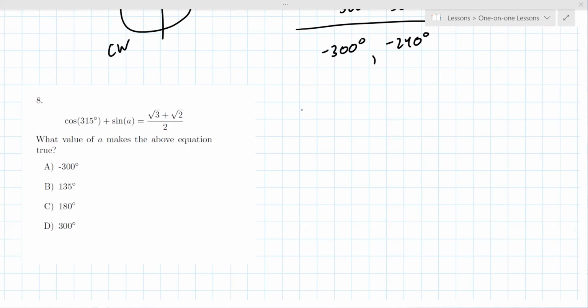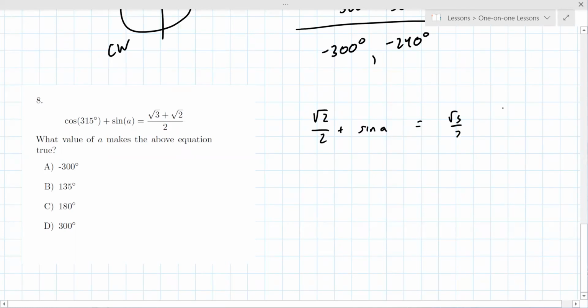All right, so cosine 315 degrees is square root 2 over 2. So where does sine A equal? I got A equals minus 300 degrees. That is correct.